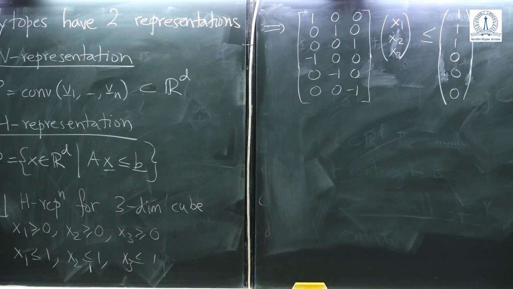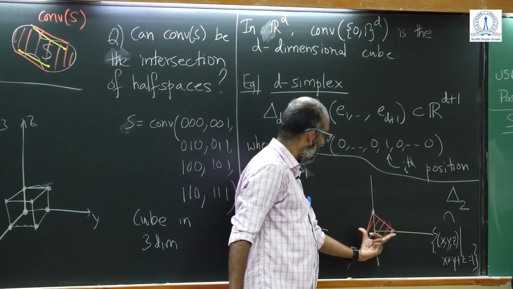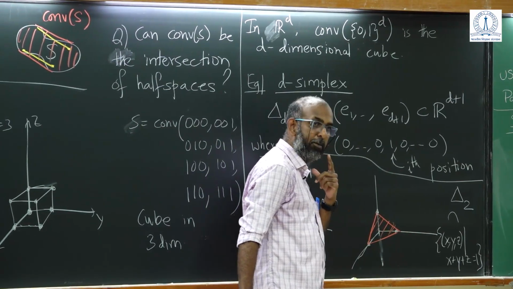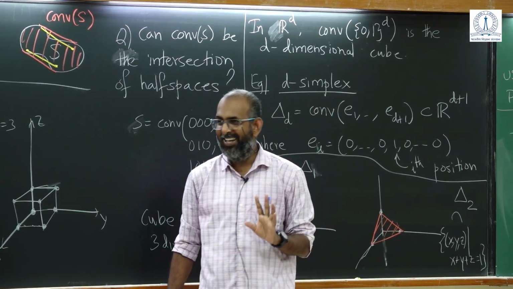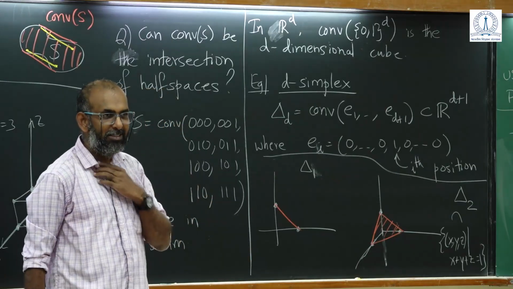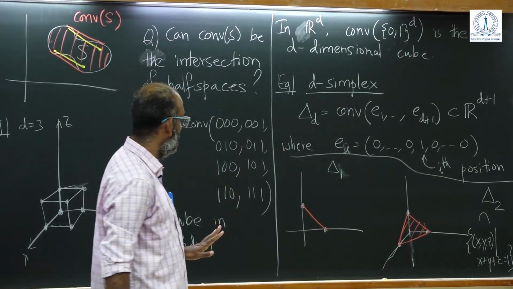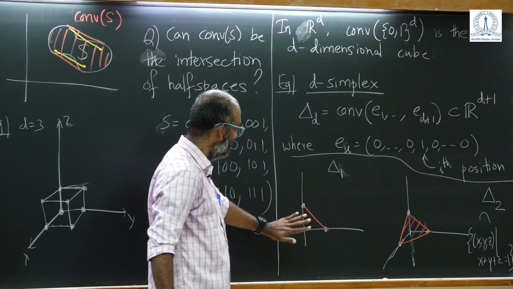The simplex is the convex hull of d plus 1 points, right? The d simplex. In this case, how many hyperplanes do you need? Okay, this is confusing for multiple reasons, so maybe we should not do this yet.